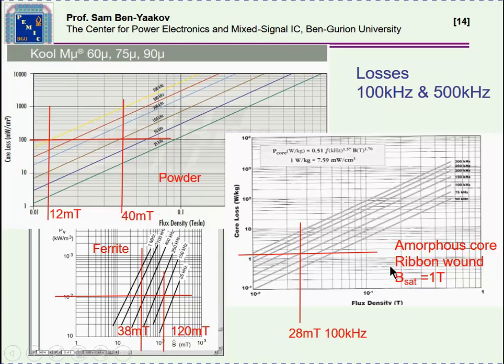And in the amorphous core, it'll be only 28 at 100 kilohertz. So the penalty here is that although you have a very high value of saturation flux density, you cannot utilize it if you are operating at high frequency. So these cores are actually more suitable for lower frequencies, say 10 kilohertz.